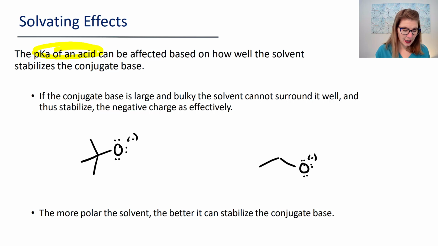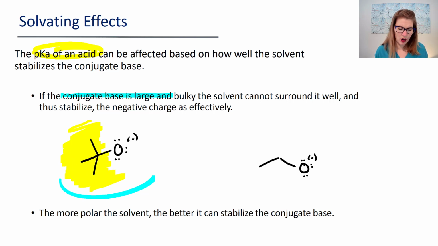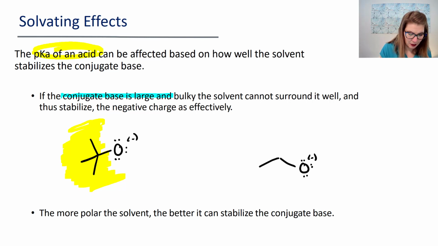For the first idea, a conjugate base that's large and bulky, like this one, which is called tert-butoxide, the solvent can't surround it very well, because you have so much bulk from all of those carbon groups. And remember that it's a carbon and then there's hydrogens attached, so really it is taking up quite a bit of space.